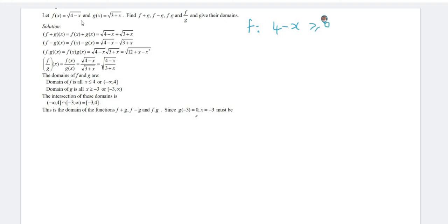Now remember, you're going to multiply by a negative, so therefore x will be less than or equal to 4. That's what they got here. And the same for g: the inside must be greater than or equal to 0, so x plus 3 must be greater than or equal to 0, so x must be greater than or equal to minus 3. Okay, so there's the domain of f and there's the domain of g.